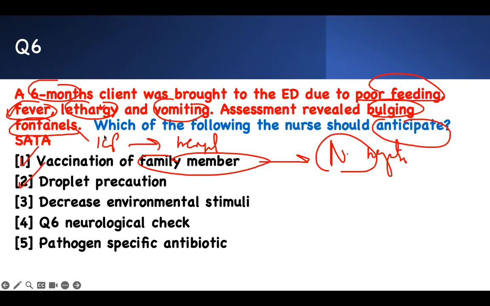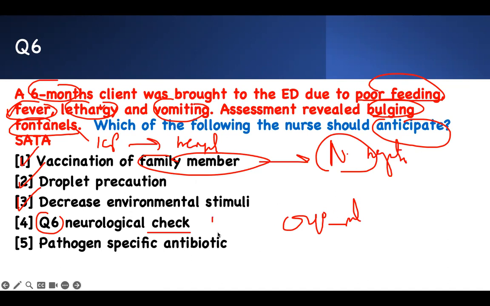Decreased stimuli because their ICP is high. Q6 neurological check? Think about it. Test-taking skills. I have a bulging fontanelle, and you want to see me every 6 hours, even every 4 hours, is routine. 6 hours is not classified as routine. That means basically you're just checking if they're still alive. Well, guess what?